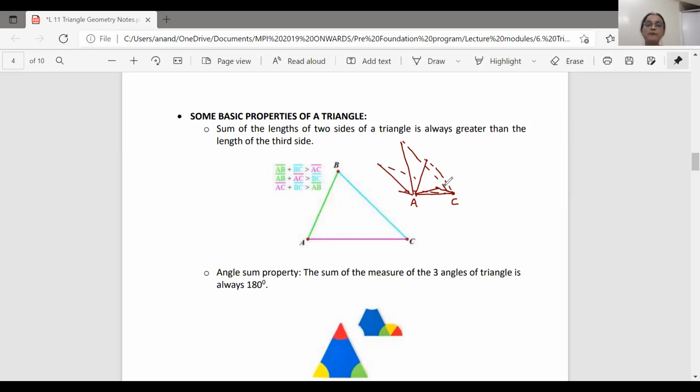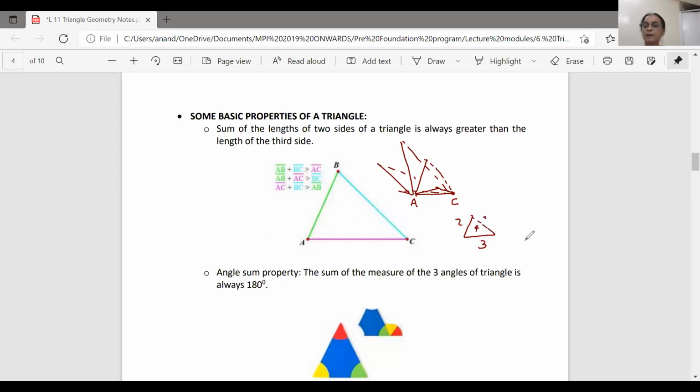Every time you will see that whatever is the sum of this AB and AC, BC will be less than that sum. Try to draw a triangle where AC is 3 centimeters, AB is 2 centimeters and BC is 4 centimeters or more.